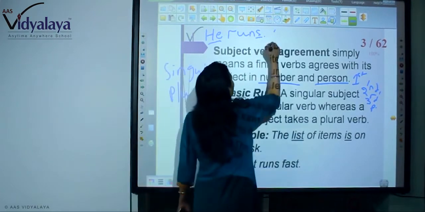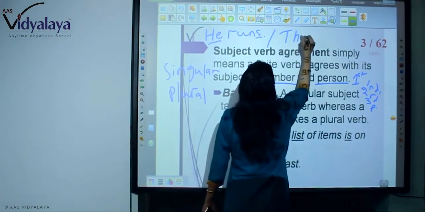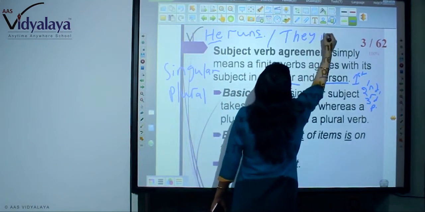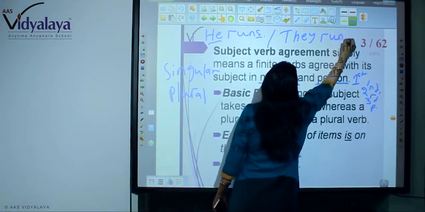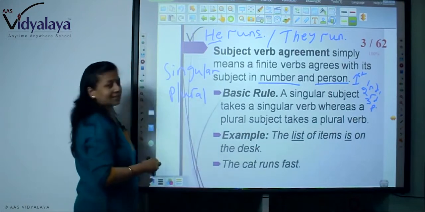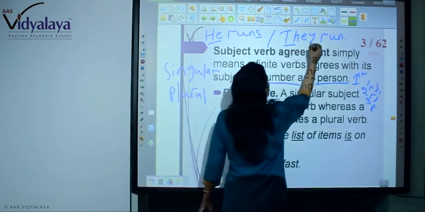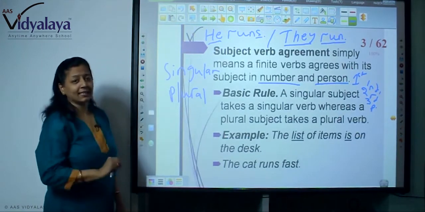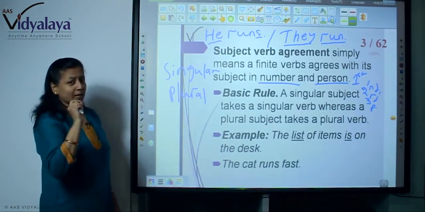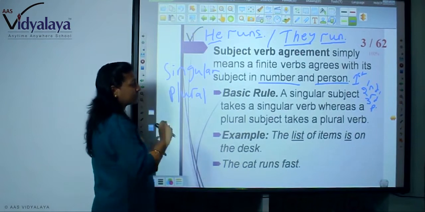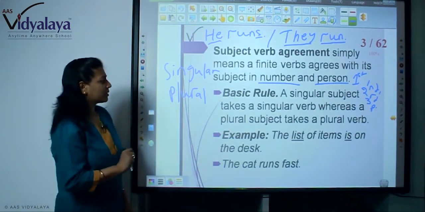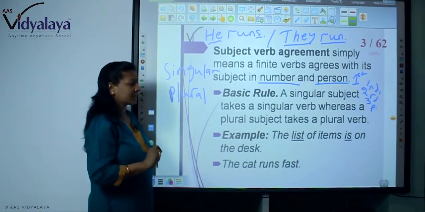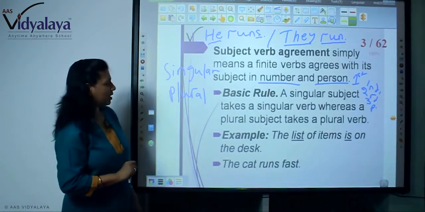Now, if it is plural, they run. Here you are saying the subject is plural and this is the verb without s. So, what is the basic rule? A singular subject takes a singular verb, whereas a plural subject takes a plural verb.